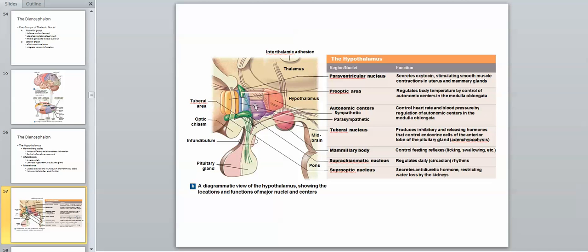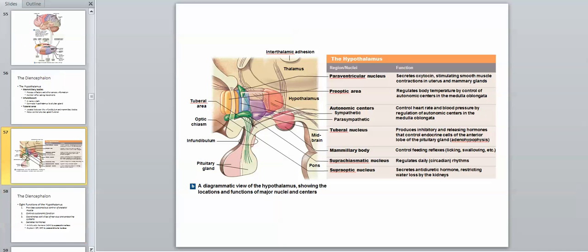So we will probably be studying the suprachiasmatic nucleus a little bit later in this chapter. And we will also be studying the supraoptic nucleus when we get to the chapter on hormones and the endocrine system. All right. So here's your infundibulum. Here's your tubral region right here. And here's your mammillary body right here, one of them. And they're paired as well.